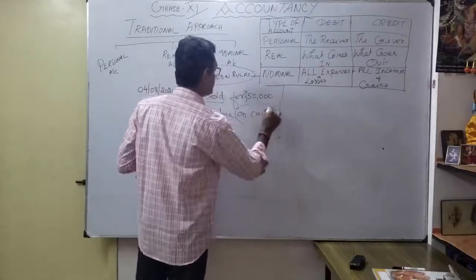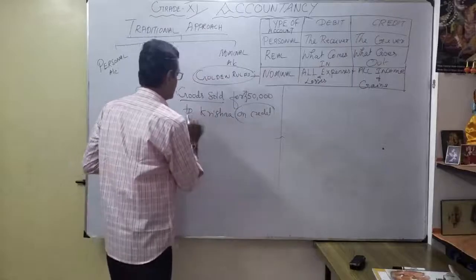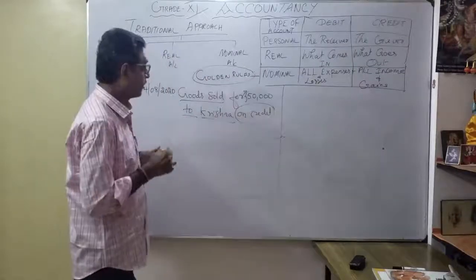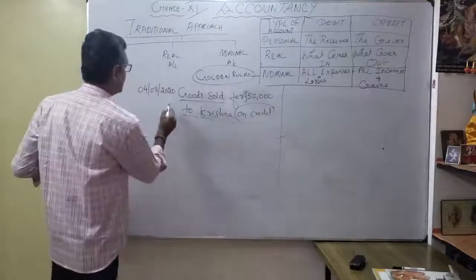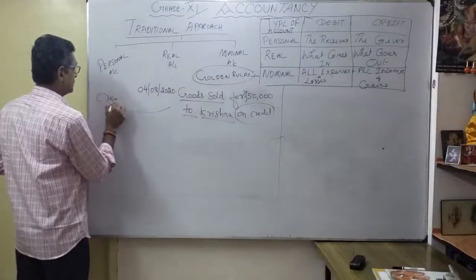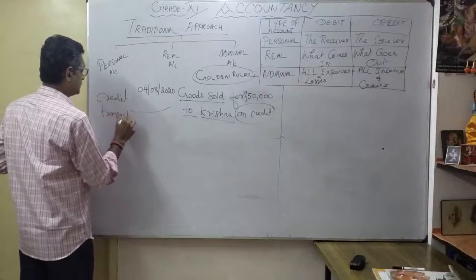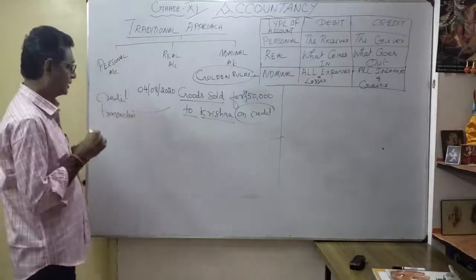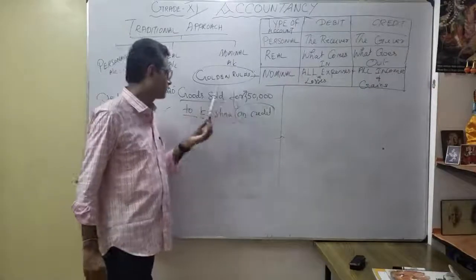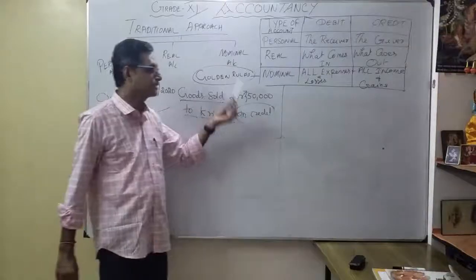Sometimes I don't mention on credit because it is implied. This is called a credit transaction, because you can't get money immediately. Goods sold for 50,000 to Krishna on credit.